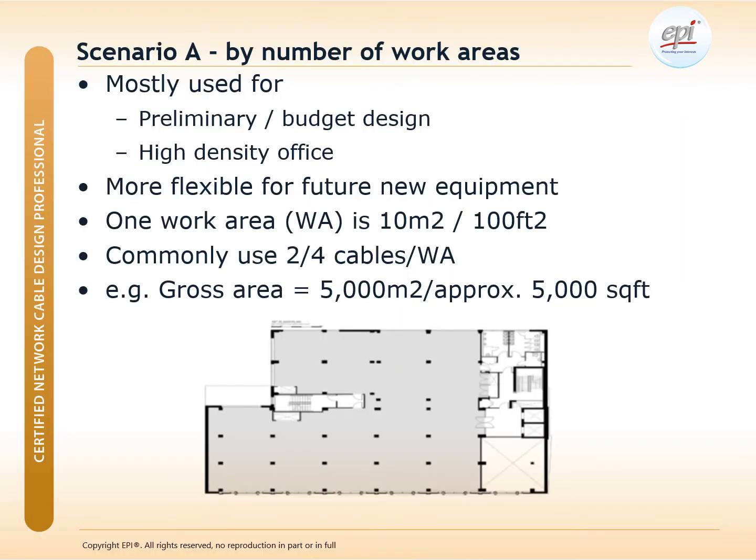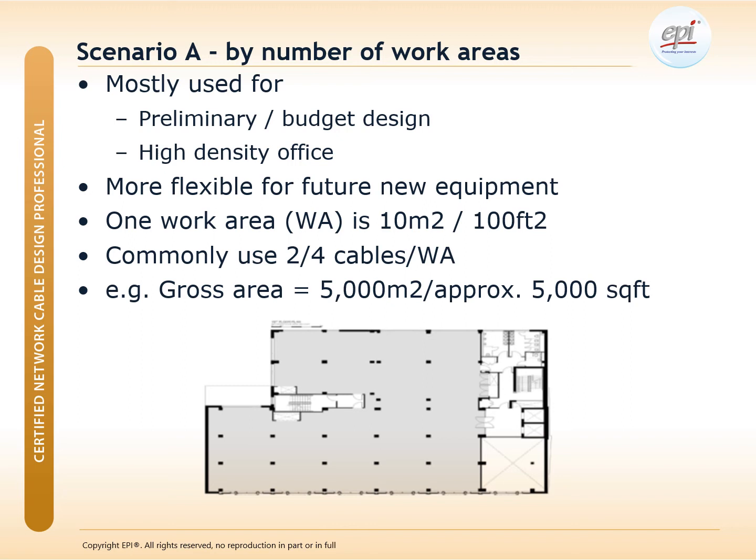This one shows how we design with the number of work areas. So usually it's used for a high-level, preliminary budget design in the early days, or when you have a very high-density office. So we just put in how many work areas. A work area means a defined area of 10 square meters.